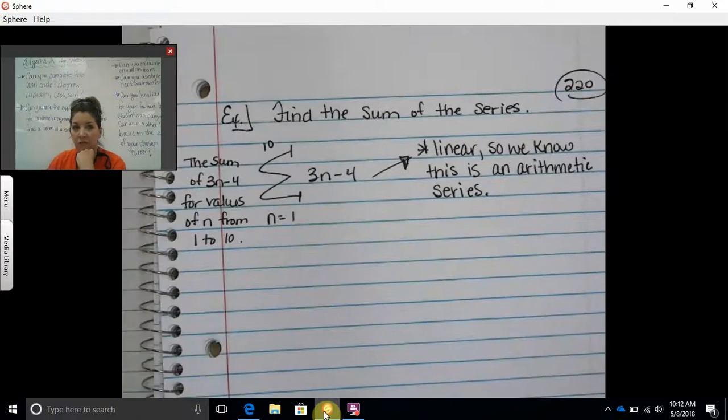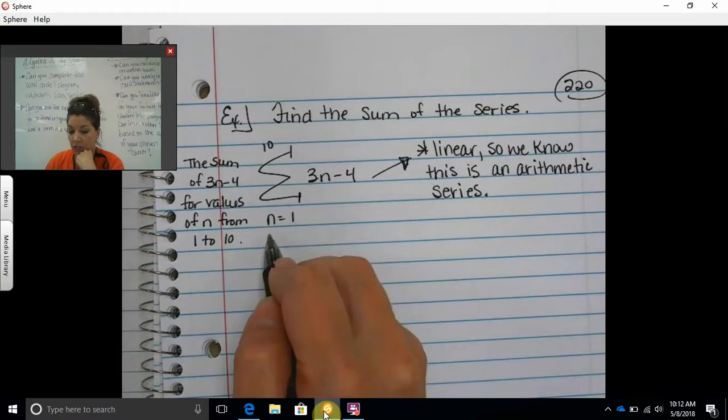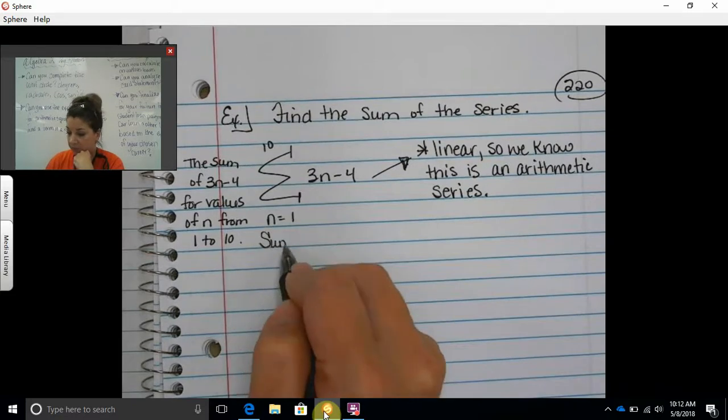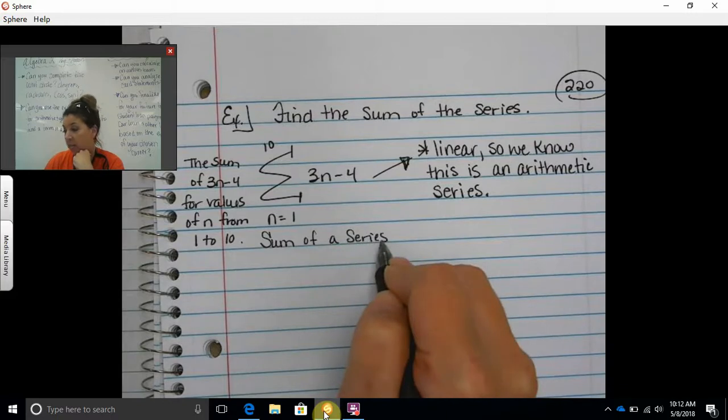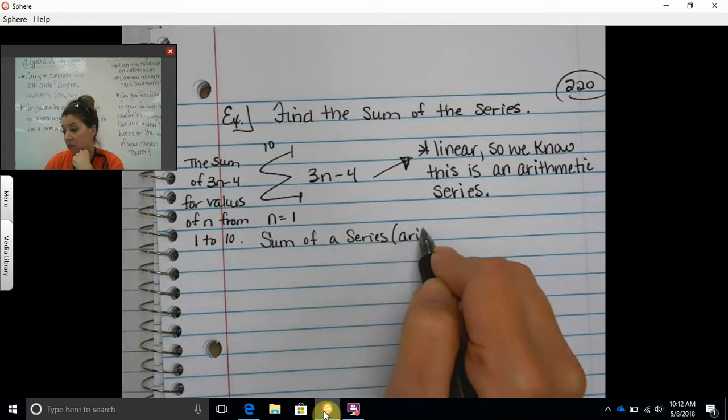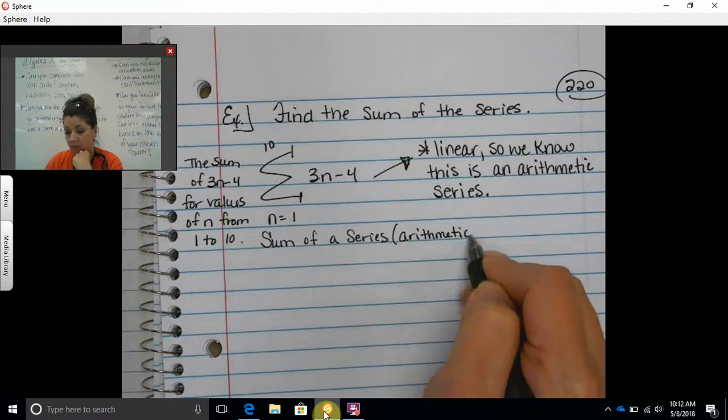So I'm adding the first through the 10th term together. So I know I have to use the sum of a series formula. And it's arithmetic because I have to use the arithmetic sum of a series.